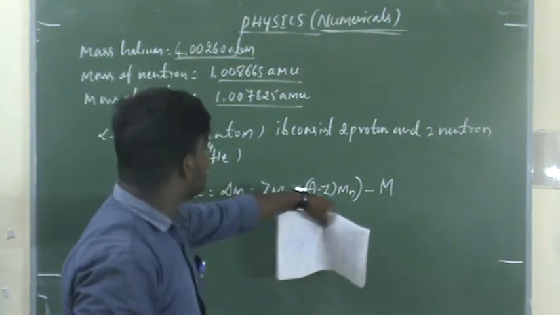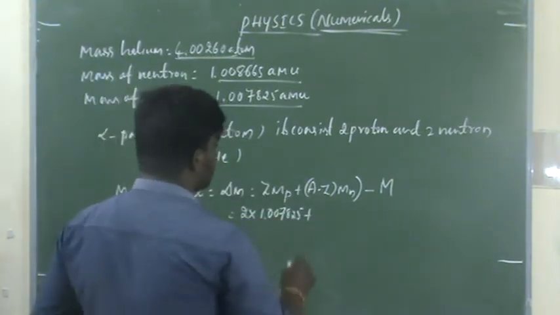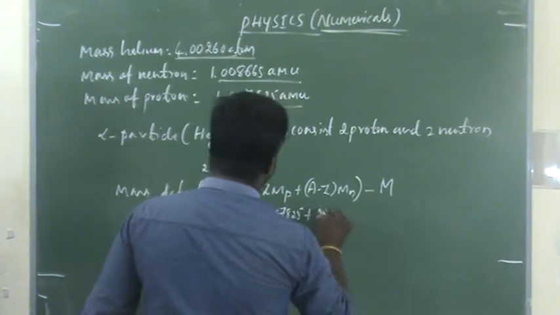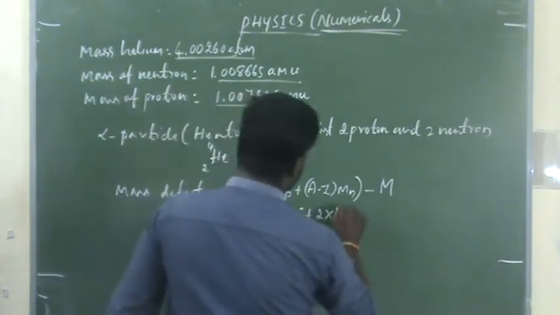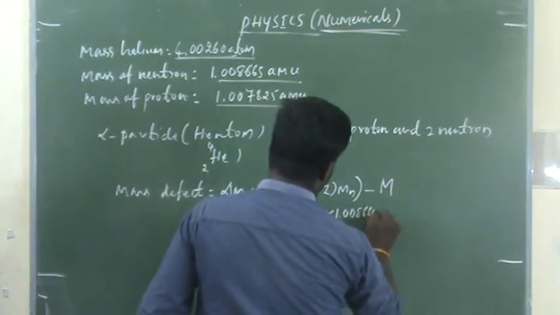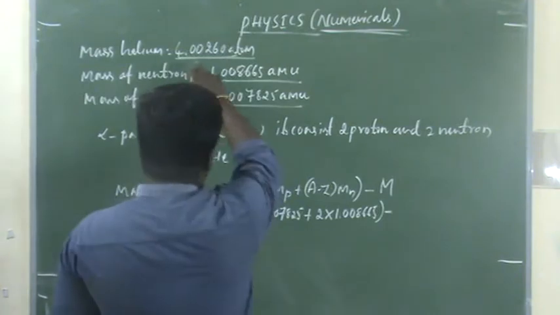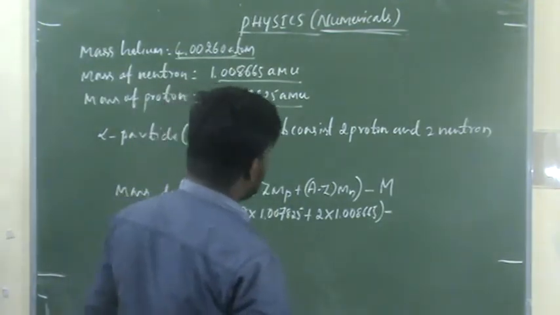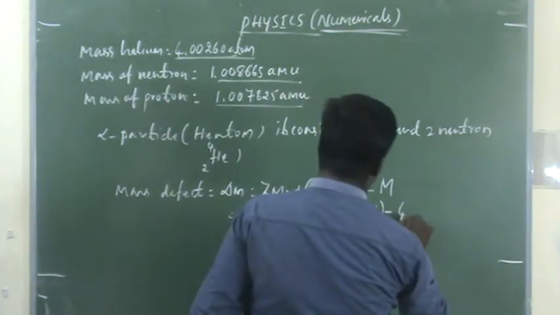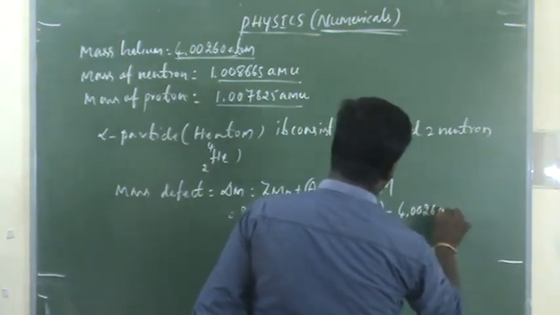So A minus Z means 4 minus 2, we get 2 into mass of the neutron, that is 1.008665, minus mass of the nucleus, that is helium atom, 4.00260.